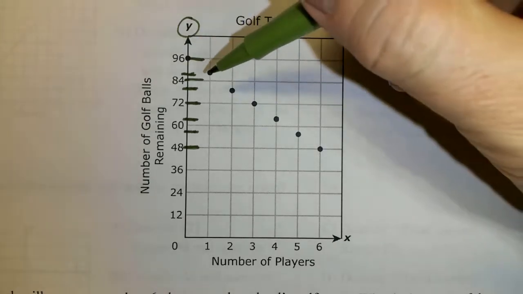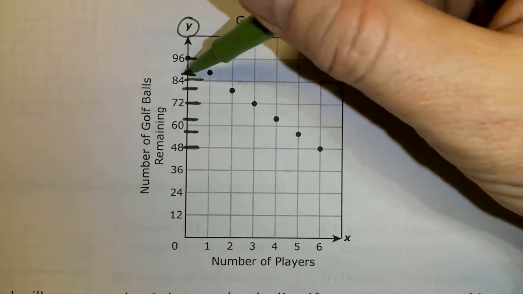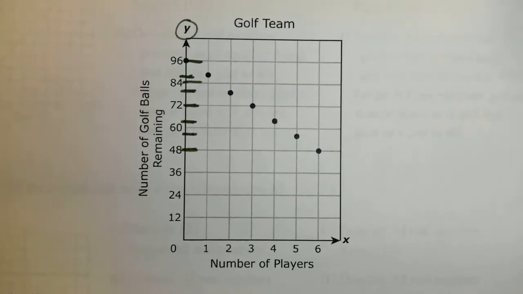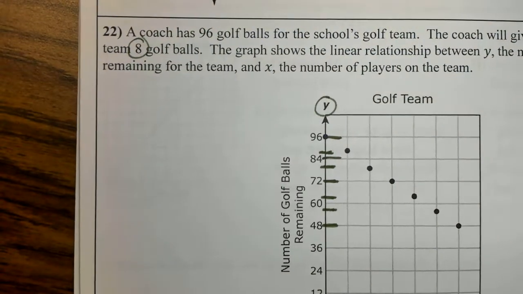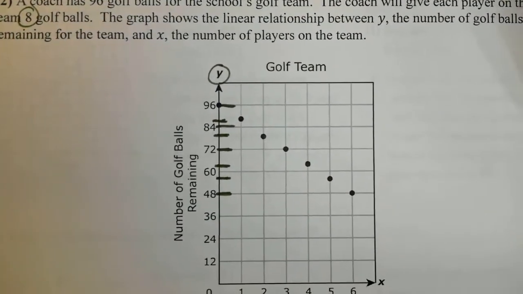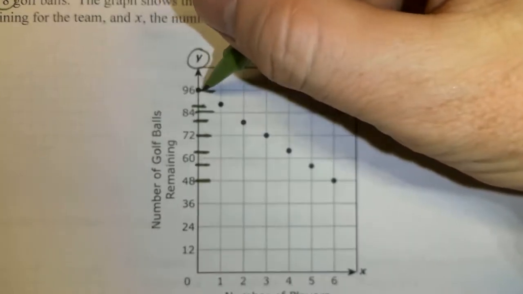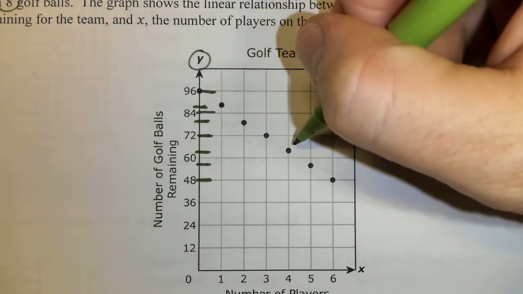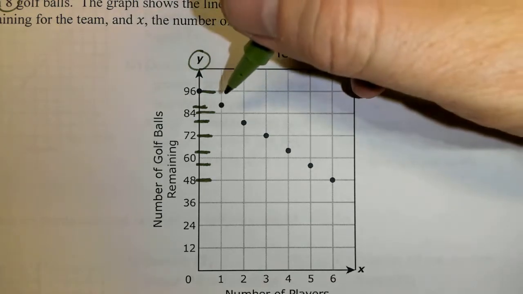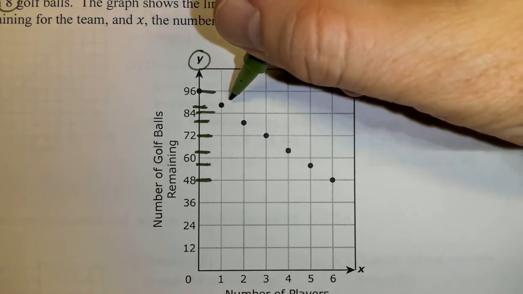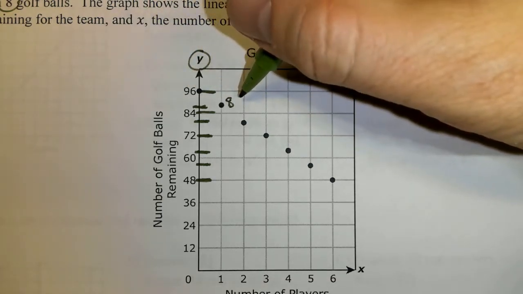And some of these you're like, wait, that's in the middle of these. How am I supposed to know what that is? Well, up here, I'm doing 8 golf balls at a time. And so if I start at 96, you just subtract 8, subtract 8, subtract 8, right? So 96 minus 8 is what, 80, 84?